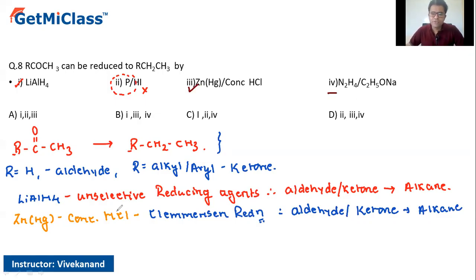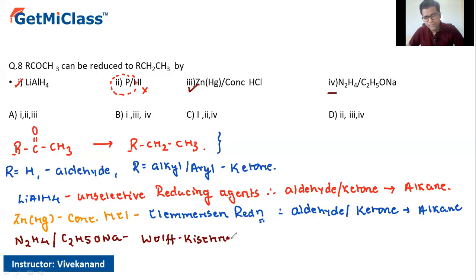Let's observe N2H4, that is hydrazine, in the presence of a base, and the base we have taken is C2H5O-Na. So when we have hydrazine, N2H4, in the presence of C2H5O-Na, this one is a Wolff-Kishner reduction.